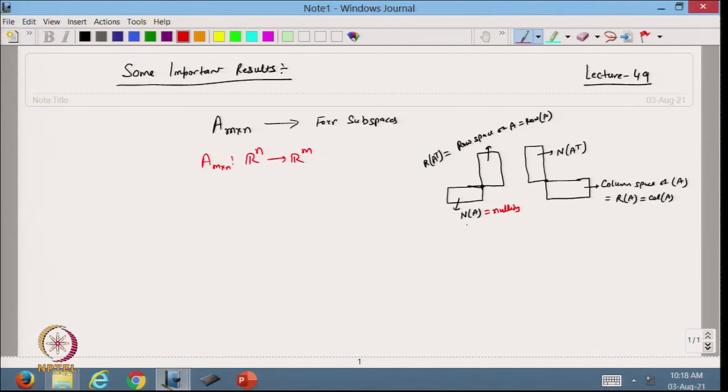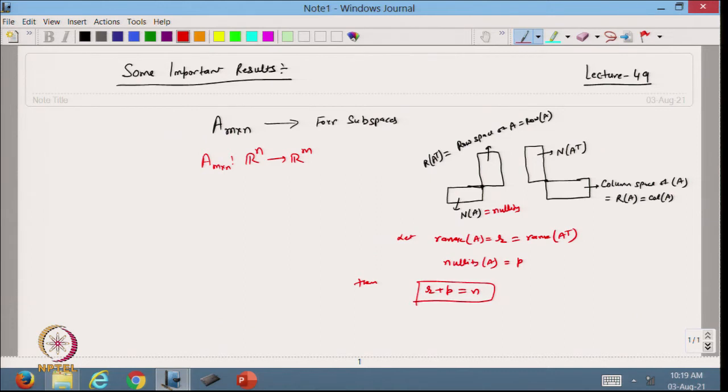Let the rank of A be equal to R, and that is also equal to the rank of A transpose, and suppose the nullity of A is some P. Then I know that R plus P equals n, that is the rank nullity theorem.